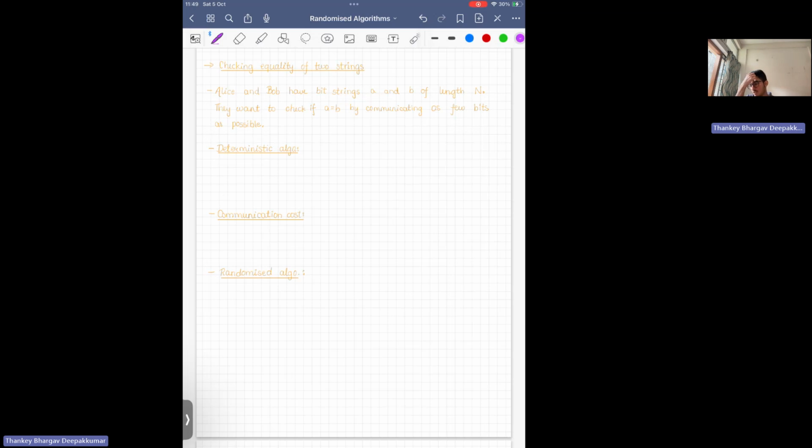Now let's look at the deterministic algorithm. One naive way of doing this is, let's say Alice sends her string to Bob, and Bob compares the two strings. If they are the same, Bob returns 1. If they are different, Bob returns 0. Okay, so here's the deterministic algorithm.